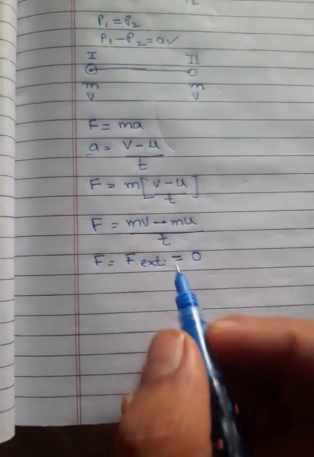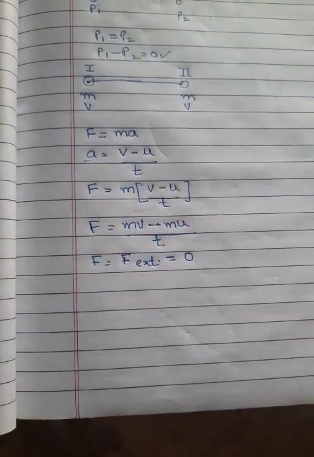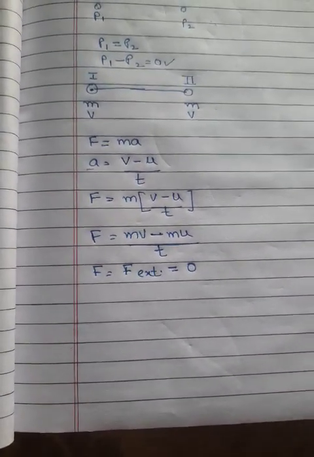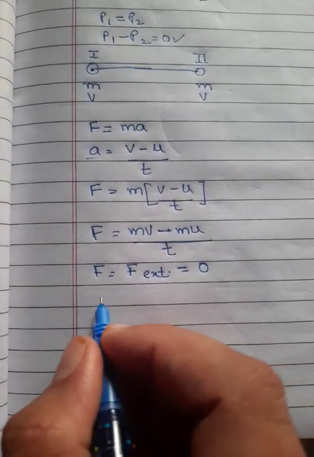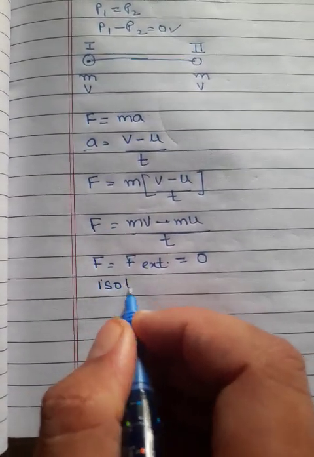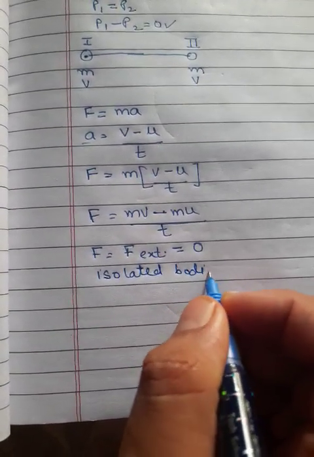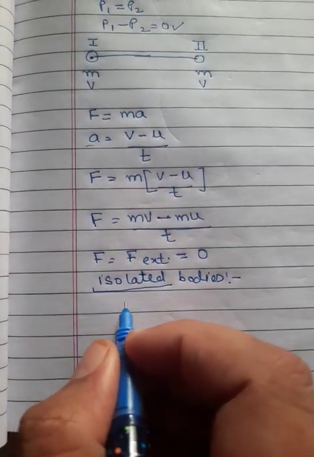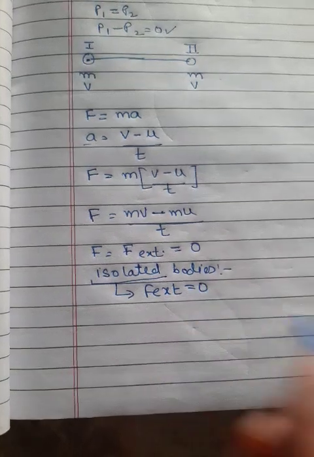All those bodies which do not have any external force can be included in an isolated system, or isolated bodies. Isolated means all those bodies which have no external force, so F external equals 0.